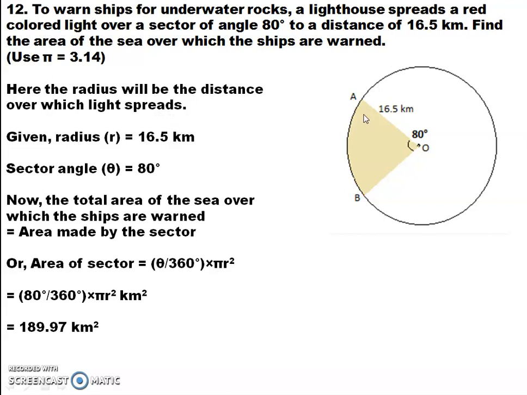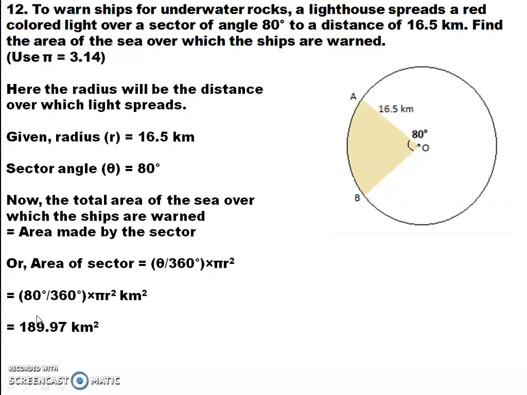So, what is the thing which you want to find here? It is the area of the sector. What is the formula for the area of a sector? Theta by 360 degree into pi r square. Now, r is 16.5 kilometer and the angle is 80 degree.